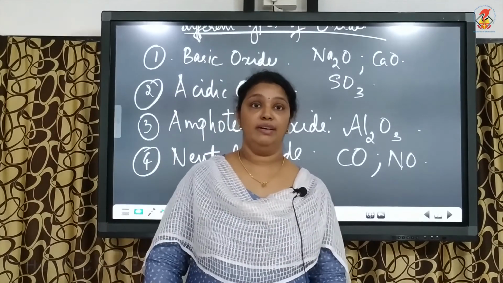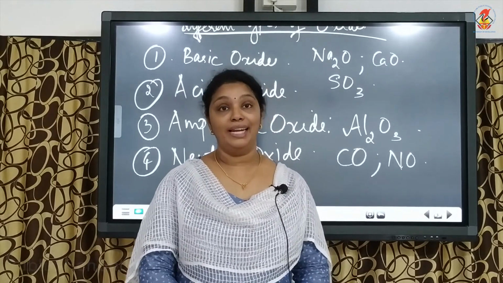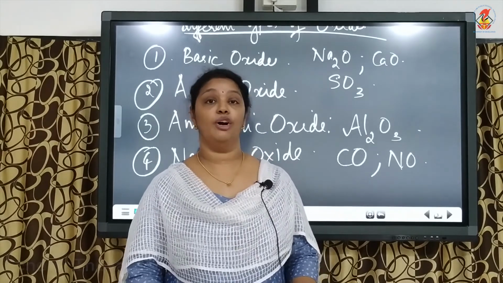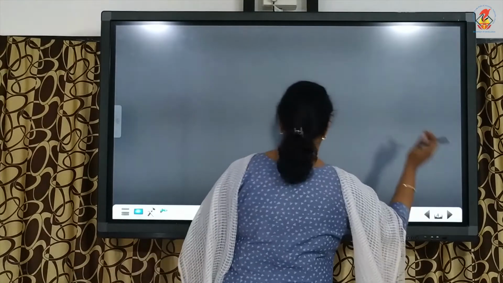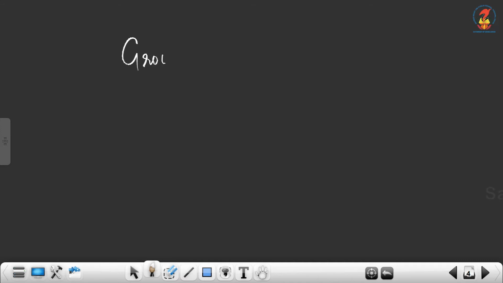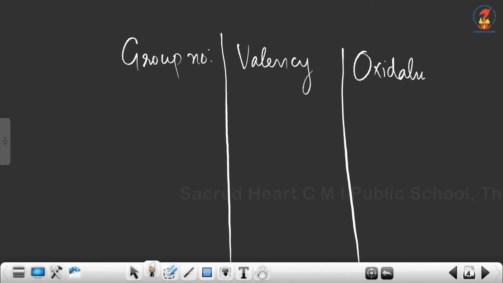Now, last, I have a table for you where you have the group number, valency and oxidation state of the group elements. So, I am going to write that. Here we have the group number in the first column, second column valency, and third column we have oxidation number, or you can also call this oxidation state.